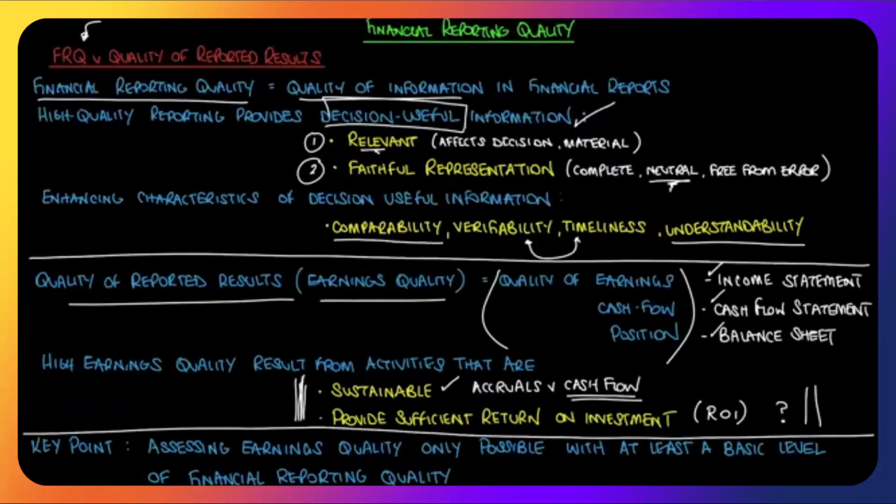You cannot decide on whether earnings are sustainable or not because you don't know. They haven't told you. Now we're going to look at a reporting spectrum momentarily, but just as a really obvious example right now, if the accounts are fraudulent, if all of the transactions are completely fabricated, you have absolutely no idea what their ROI was. So you cannot make a decision. That's what this first LOS is getting at.